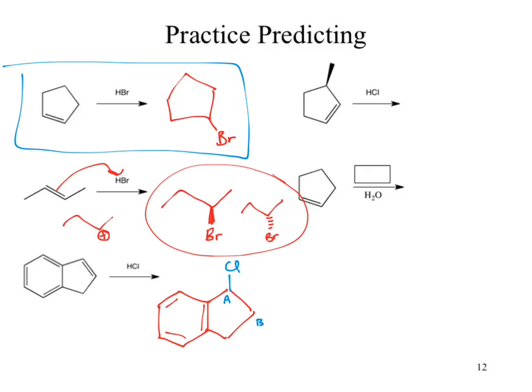If you look at the intermediate that forms, you're putting a carbocation either at position A or position B. Both of those are secondary. So we say, oh, okay, it's secondary, no difference. What does A have going for it? There's resonance to stabilize the carbocation. That is going to be the favored product.